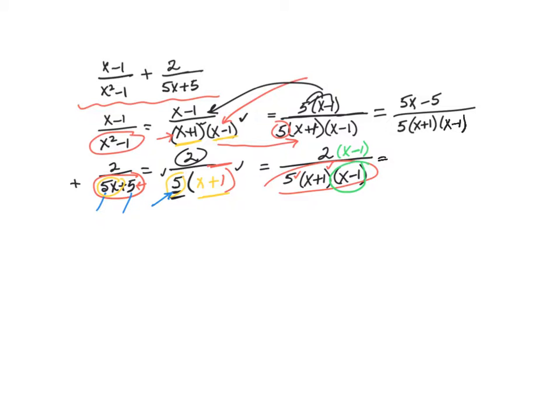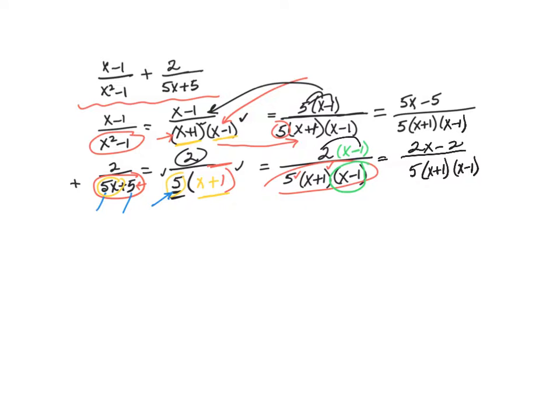And down here, we're going to distribute again. 2 times x is 2x, and 2 times this negative 1 is negative 2. And my denominators, as you can see, are now the same.